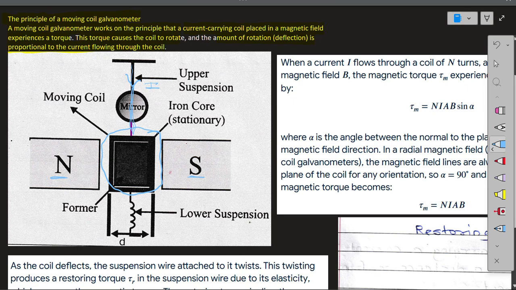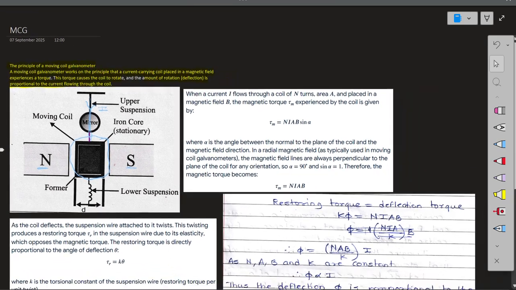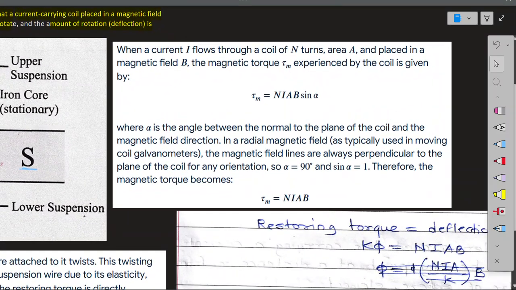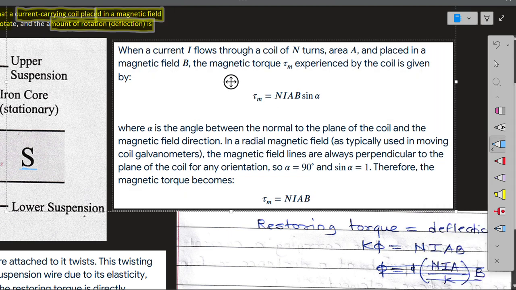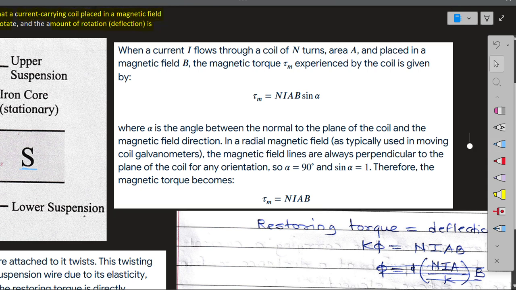Then it is acted upon by torque. How much torque it acts with is what we derived earlier. The torque is number of turns of the coil, current I, area of the coil, magnetic field and angle theta.